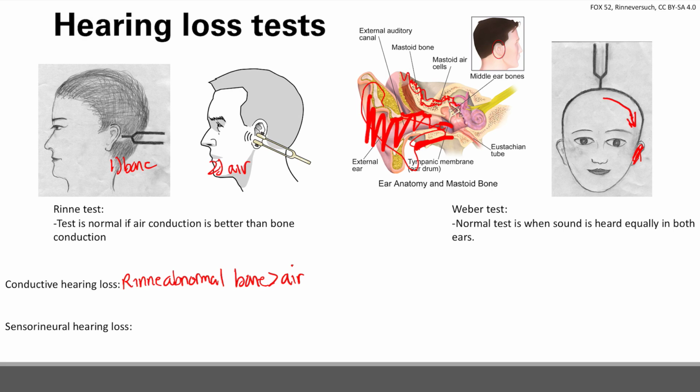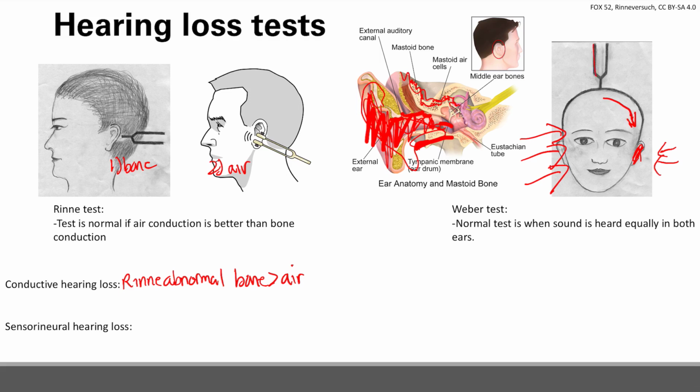Well, remember the problem in conductive hearing loss is a problem on the outside. So outside sound is not going to go. There's not much outside sound. So we have a lot of outside sound to this one because it's normal. This one does not have much outside sound because that has conductive hearing loss.